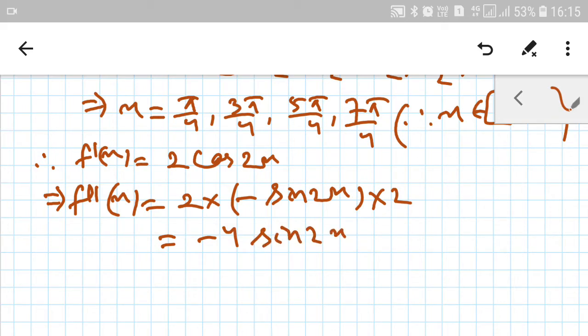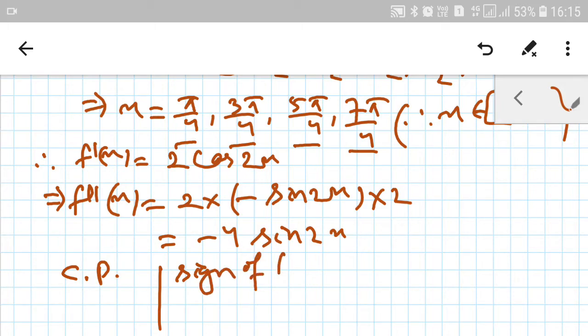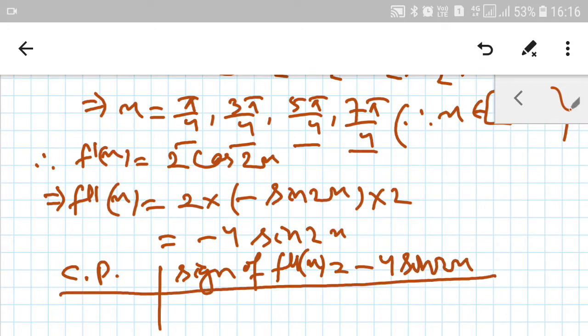Now I have to test this value at these points. So I will make a table. This is for CP and this is for the sign of f''(x), which is equal to minus 4 sin 2x. Now let us do it.